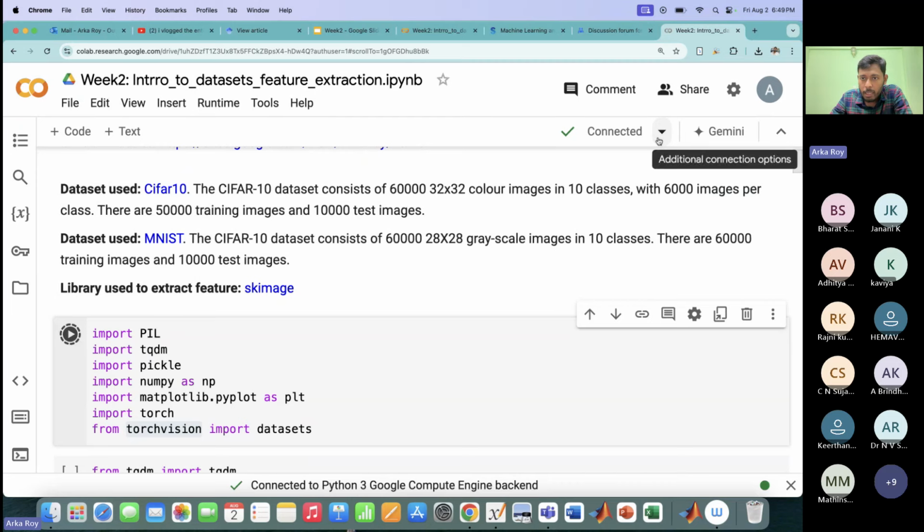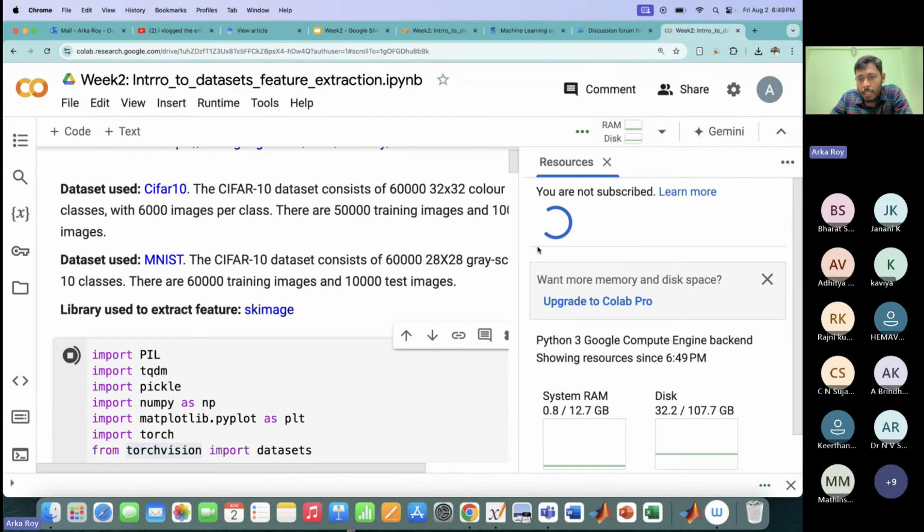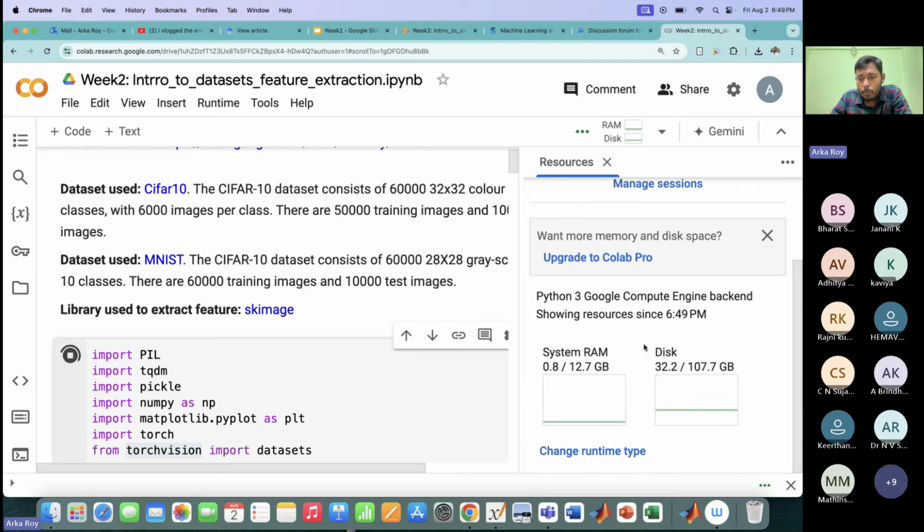When it is connected, it gives you a RAM space of 12.7 GB, and a disk space of 107 GB. It is a pretty huge disk size, so you can upload big data sets as well. Obviously, it should not exceed this particular memory amount. Otherwise, you'll not be able to store the data sets.